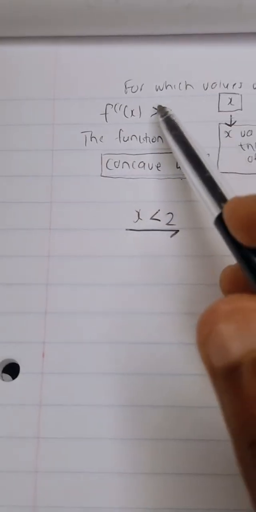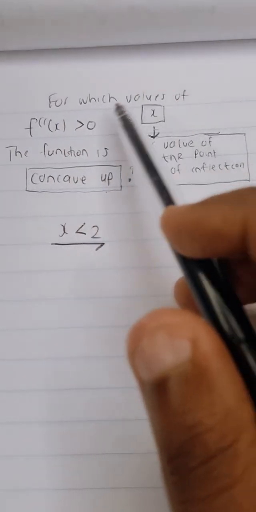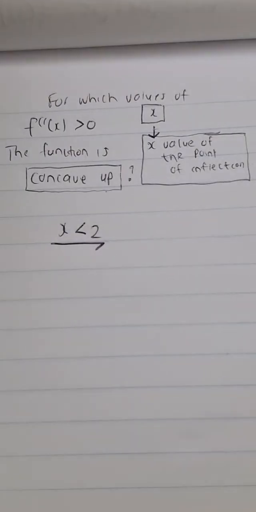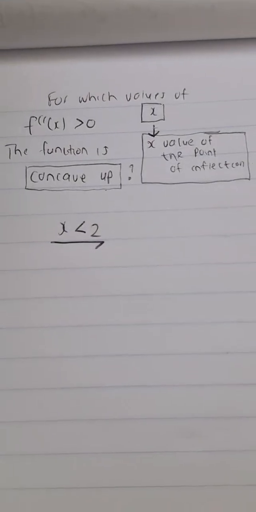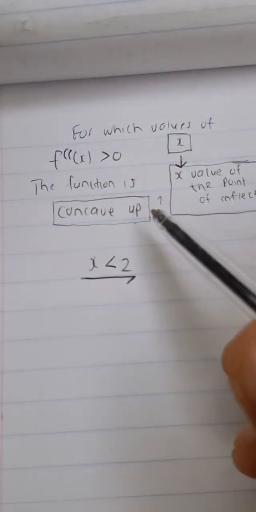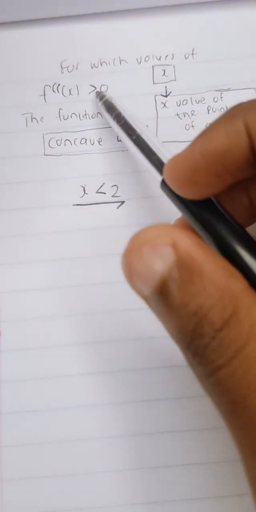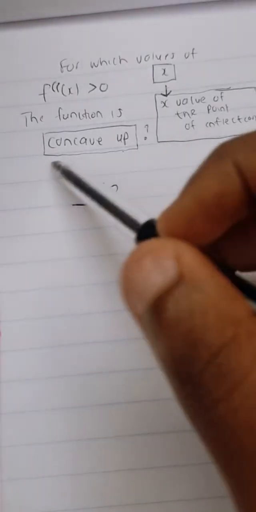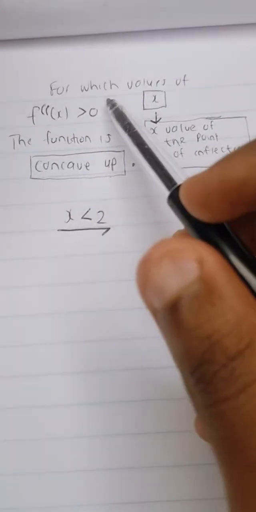In other words, those are the values of x where f double prime x is greater than 0. The minute they say double prime and it's greater than 0, they are asking you where it is concave up specifically.